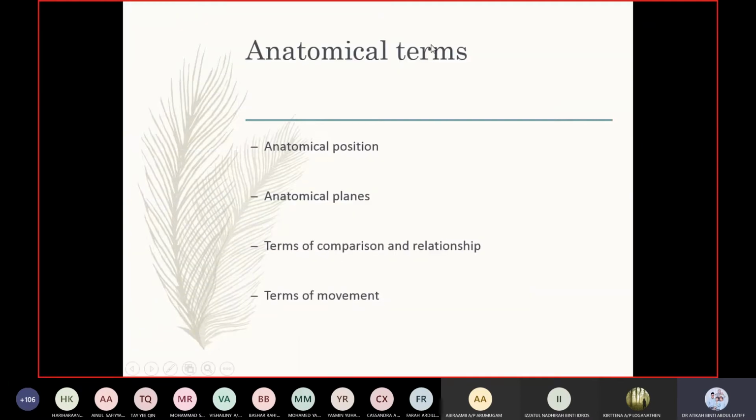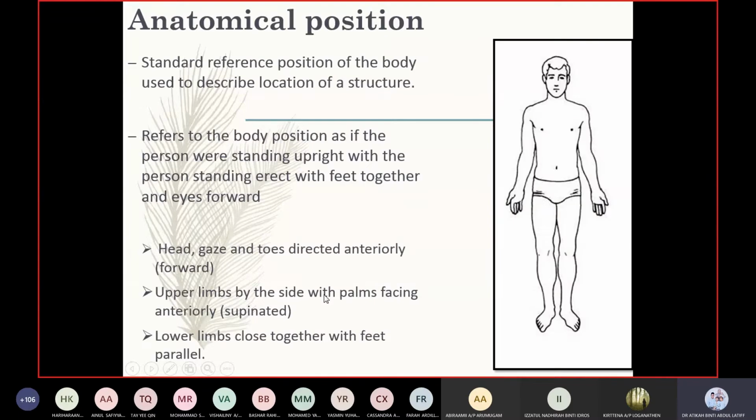Okay, so anatomical terms, we have position, planes, comparison and relationship, and also movement. So this is what we call the anatomical position of a human body. Okay, so when we describe the anatomical position, we always refer to this position.